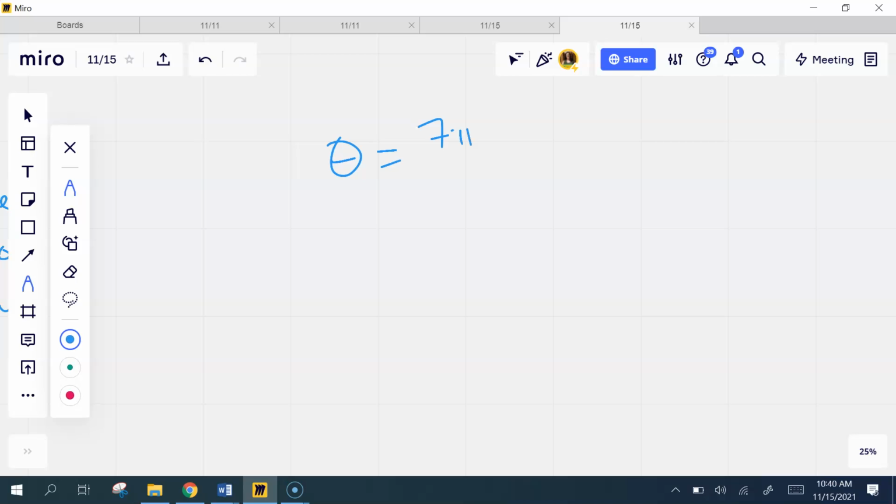If theta is 7 pi over 6, what point would be on the terminal side of my angle, where it ends?